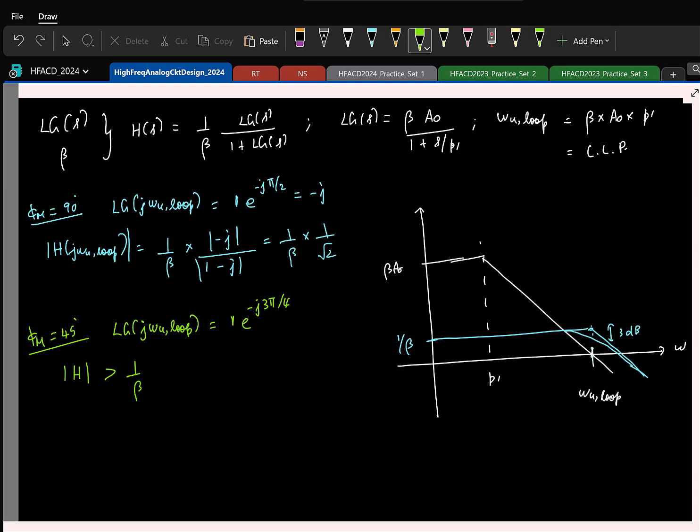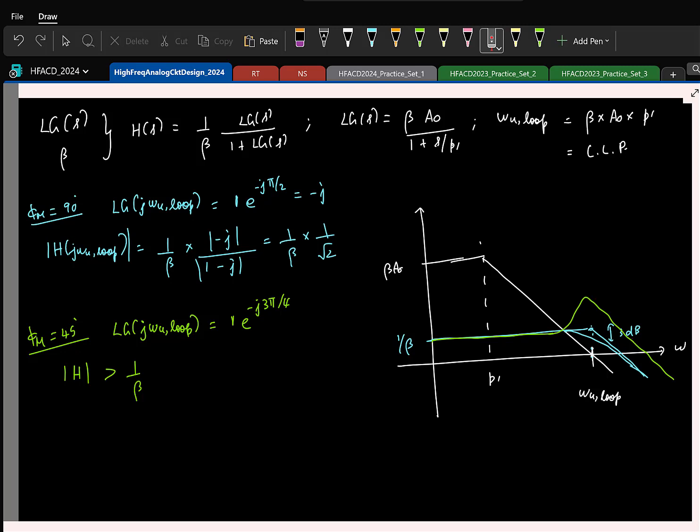So if you sketch for this, it might look like this. At the unity loop gain frequency, you'll have a peaking and then drop. So now we can clearly see the 3 dB bandwidth is no longer at this point, it is somewhere here.